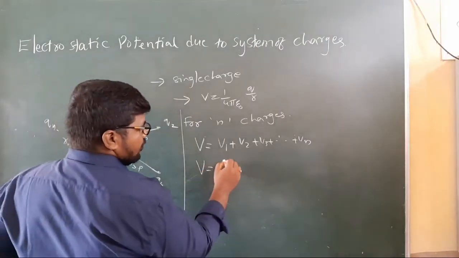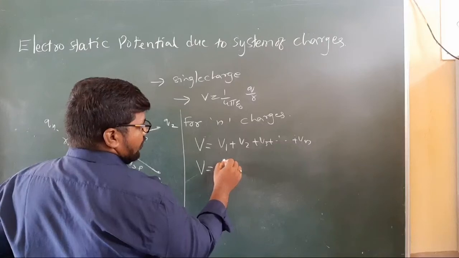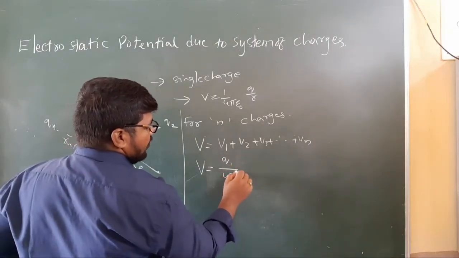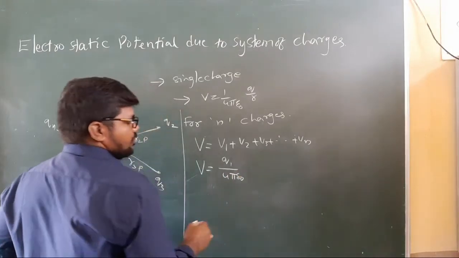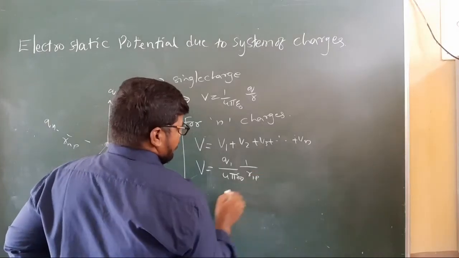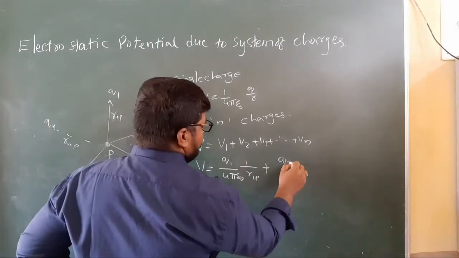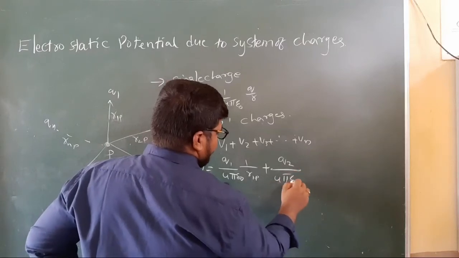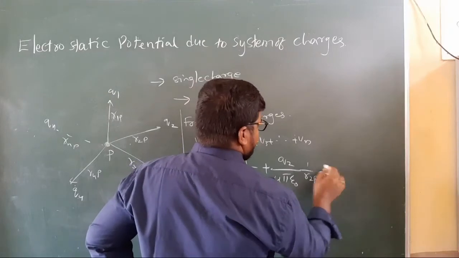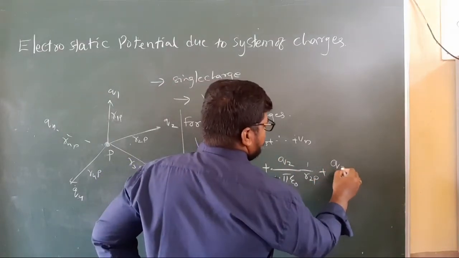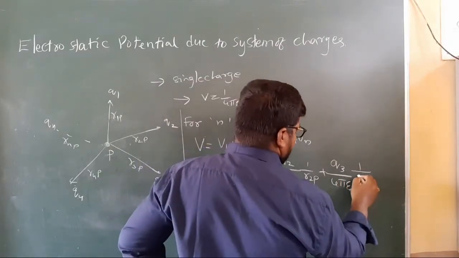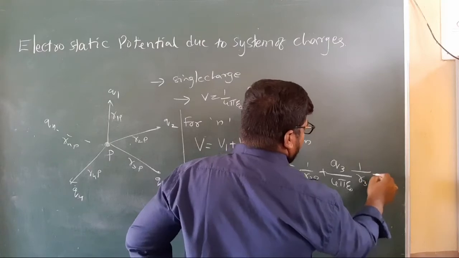What is V1, my children? V1 is Q1 by 4 pi epsilon naught times 1 by R1P. Next, V2 is Q2 by 4 pi epsilon naught times 1 by R2P, and V3 is Q3 by 4 pi epsilon naught times 1 by R3P, and so on.